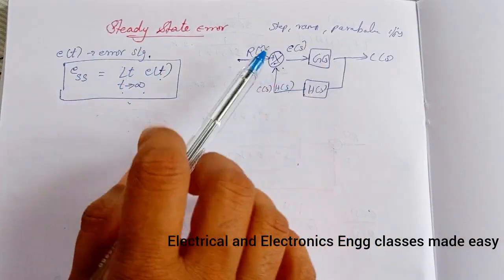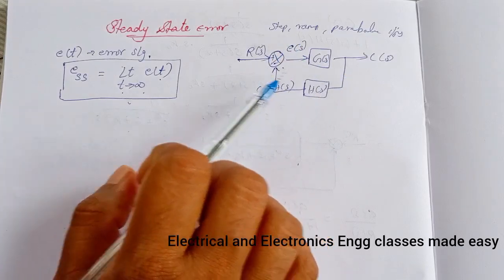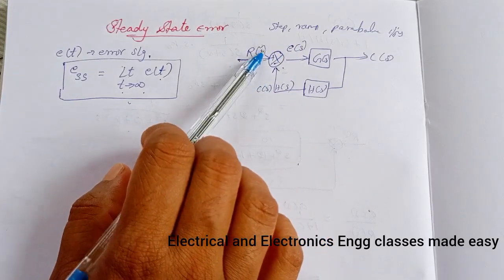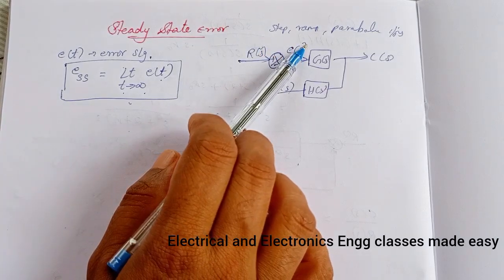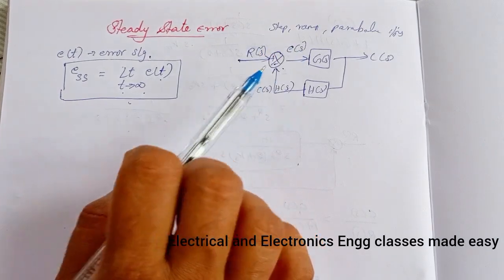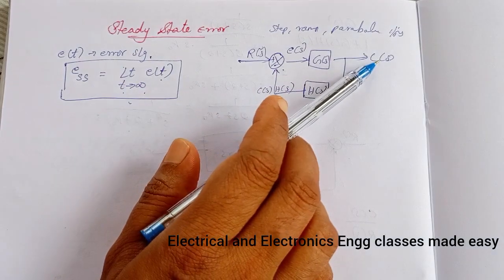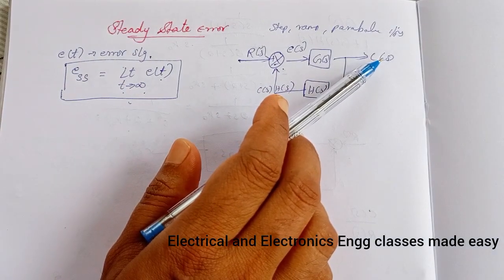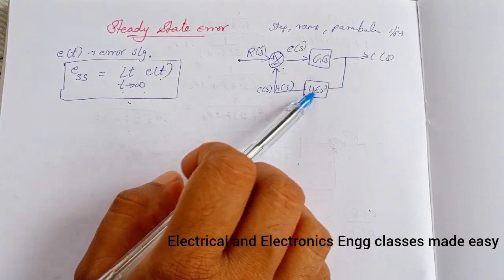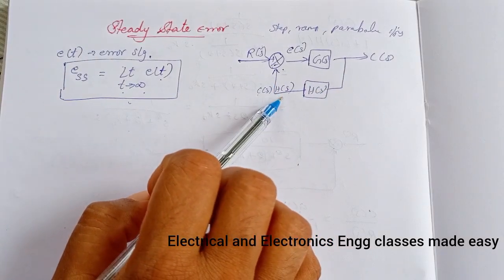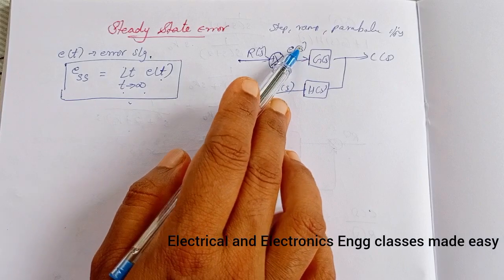So consider a closed loop system. Here R(s) is the input signal, E(s) is the error signal, and C(s) is the output signal or response. This is the feedback signal and its value is C(s)H(s).